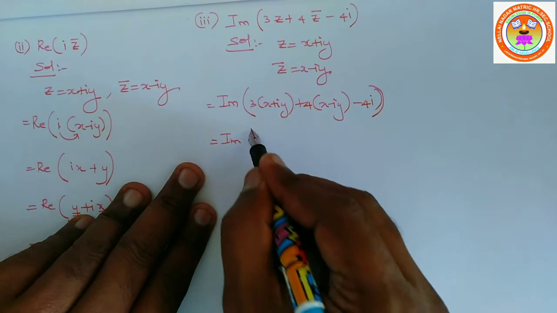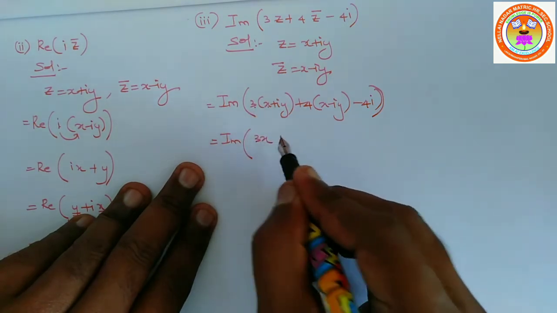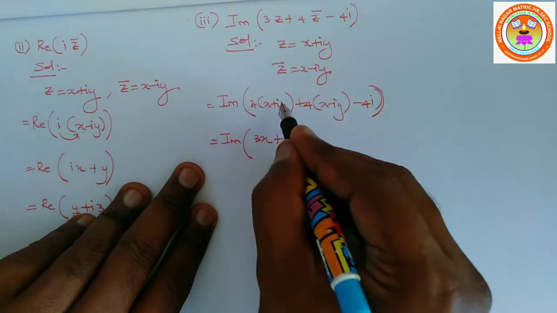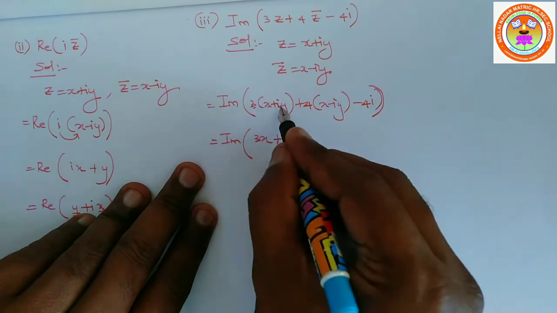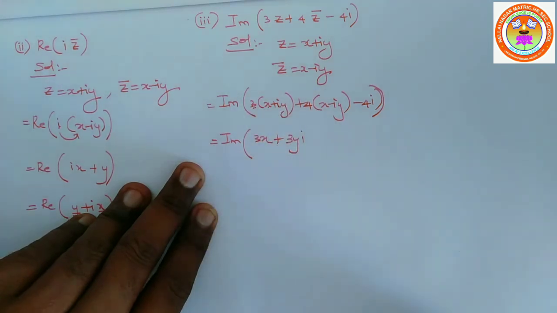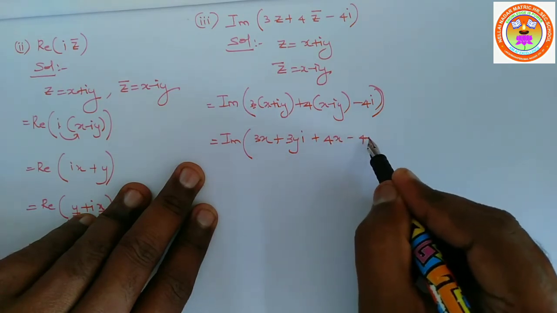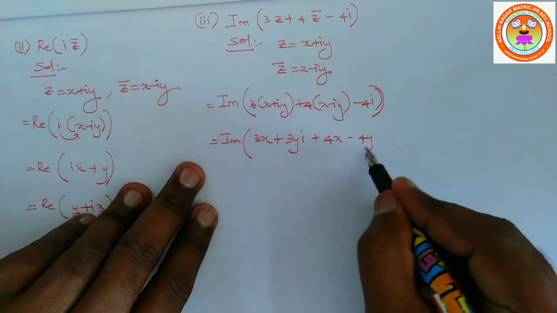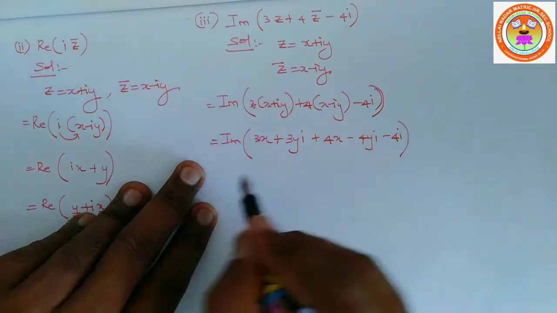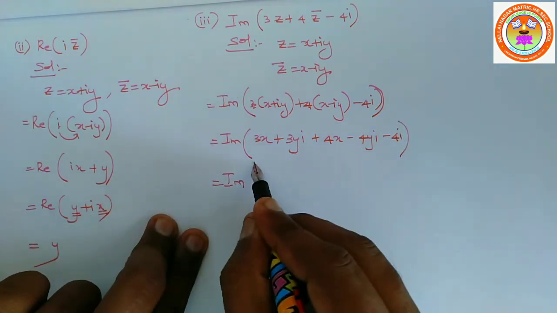So 3 into x is 3x plus 3iy, nothing but 3yi. 4 into x is 4x minus 4yi, minus 4i. So separate real and imaginary parts.